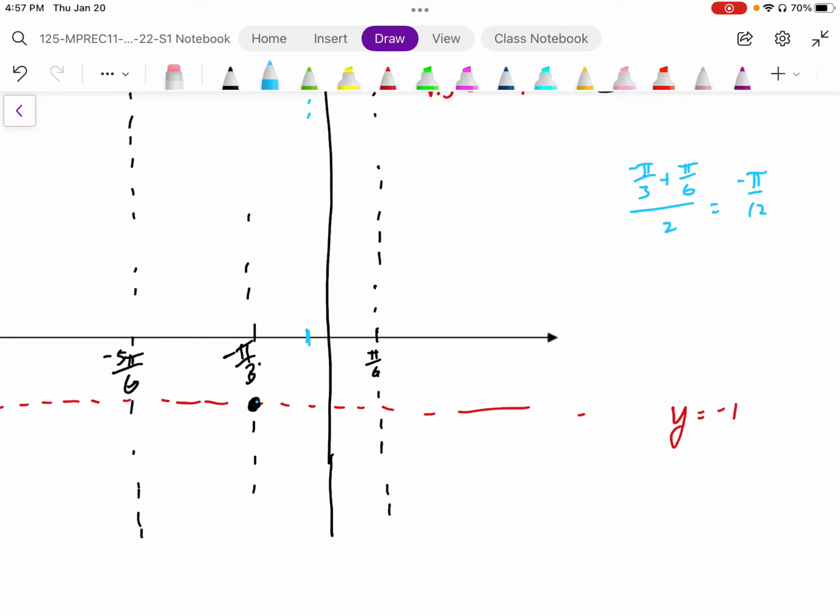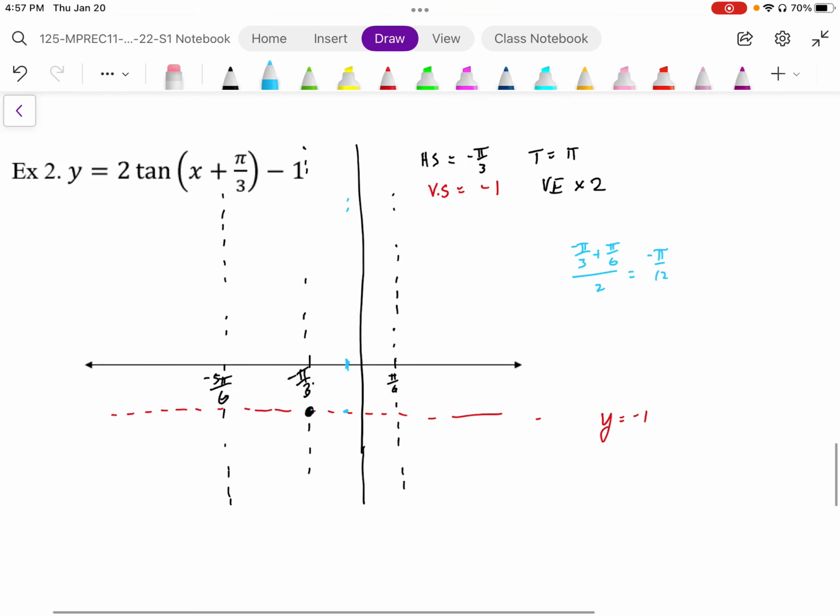So when I go to the right, to that point there, instead of going up 1, because the vertical expansion is by 2, I'm going to go up to 2. So that's negative pi over 12, and y is 1.